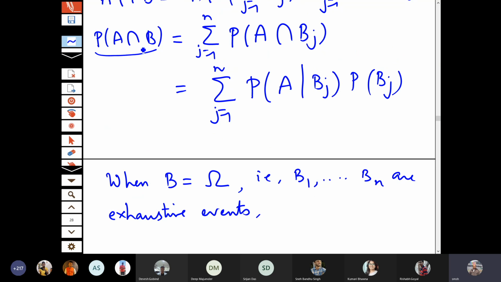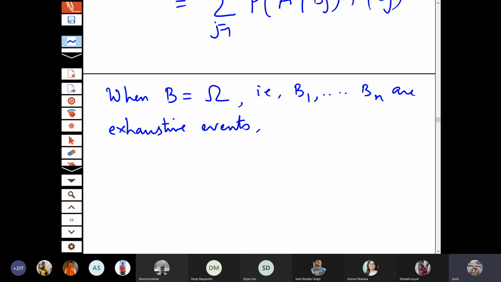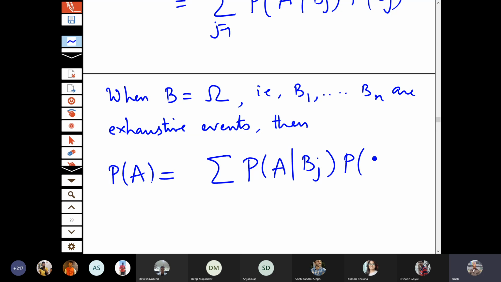This will become A intersection omega, that is A itself. So then the statement will become probability of A is equal to sigma probability of A given Bj into probability of Bj, j is equal to 1 to n. This is called the theorem of total probability.